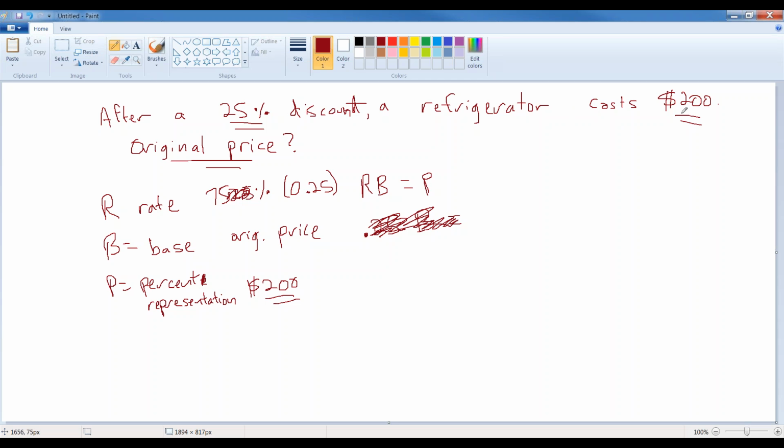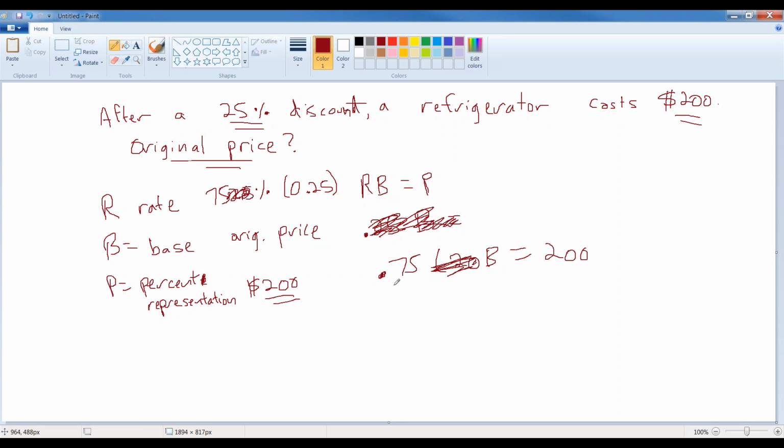After the discount, the refrigerator costs $200. Because of that, the rate is 75%, because the $200 is 75% of the original price. So the formula would actually be 0.75 times the base equals 200.